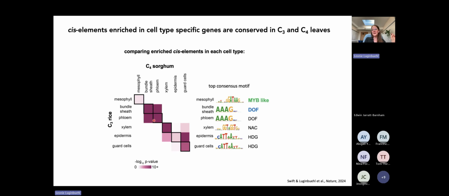But from this result here, it looks like the way that these genes are regulated, or activated, in the bundle sheath in both species goes through these DOF binding sites. And so even though the genes themselves are different, the regulation is actually the same.